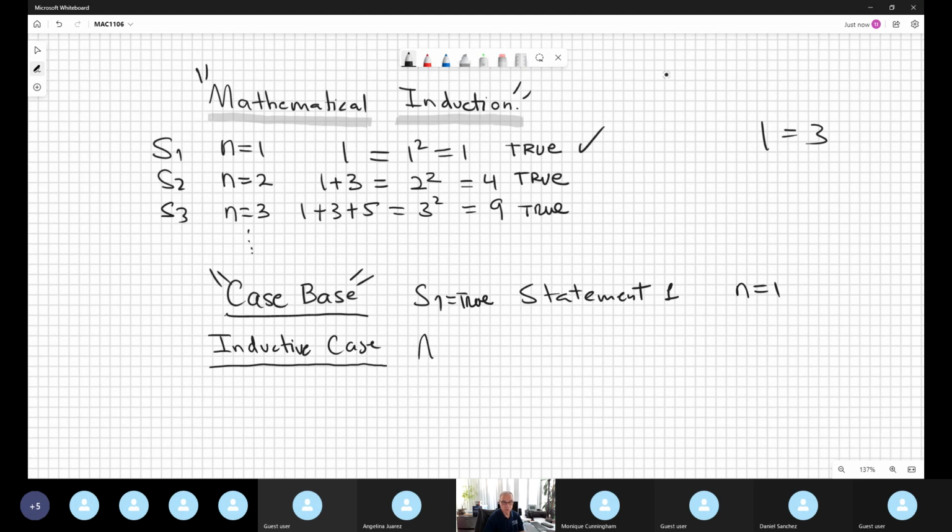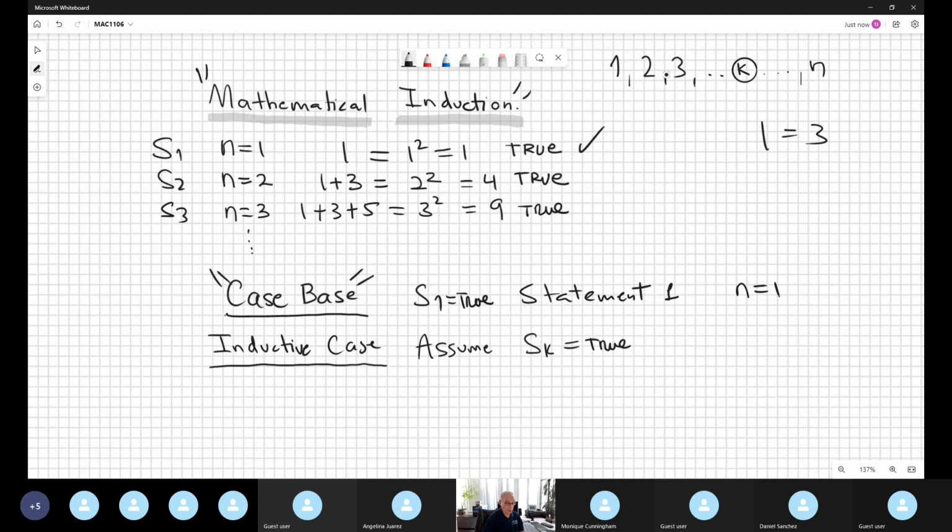When I assume that K is true. Now who is K, professor? Well, K is totally arbitrary. Suppose we have the sequence 1, 2, 3, and so on, to M. But you take one in the middle, hypothetical, that I want to call K. You suppose that this is true.